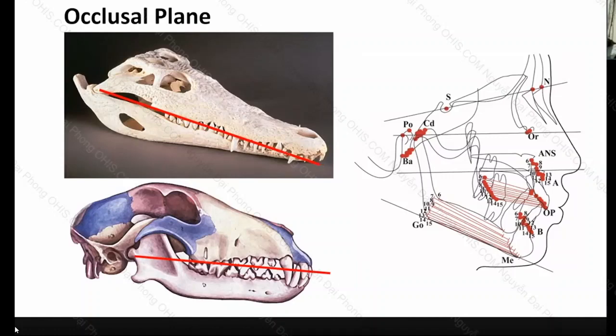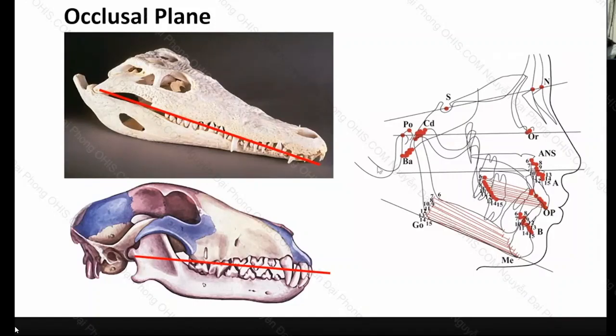Not so much change. Only human growing kids always show changing vertical dimension, occlusal plane, and mandibular posture.